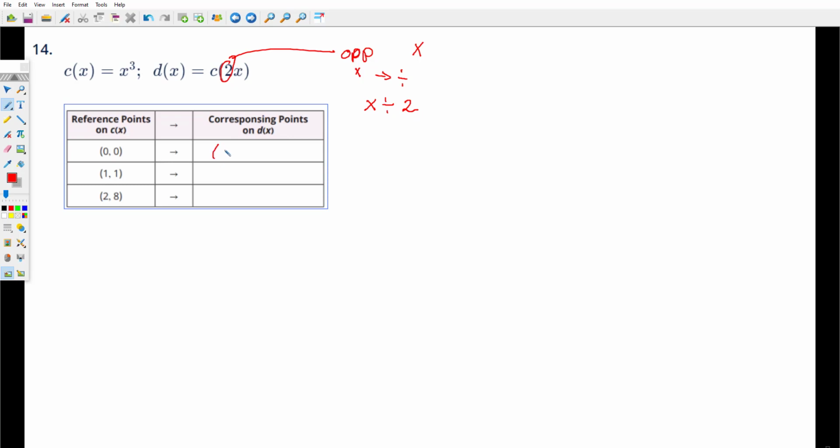And so 0 divided by 2 is 0. 1 divided by 2 is 1/2. 2 divided by 2 is 1. Now there's nothing on the outside. So y is left alone.